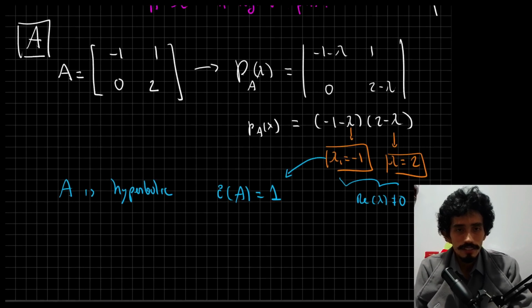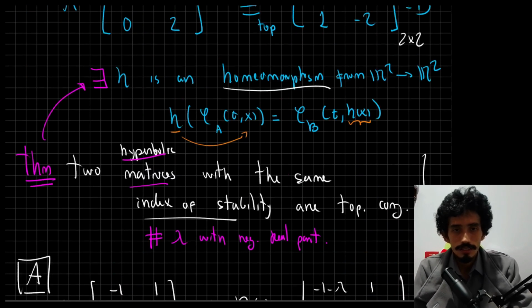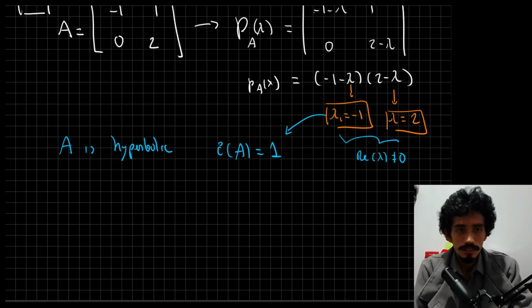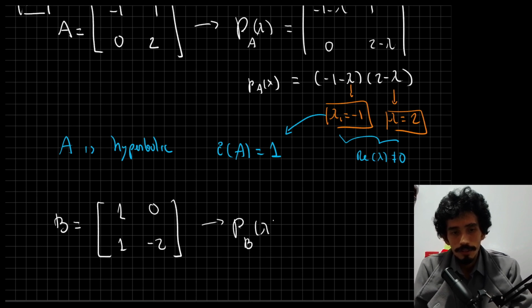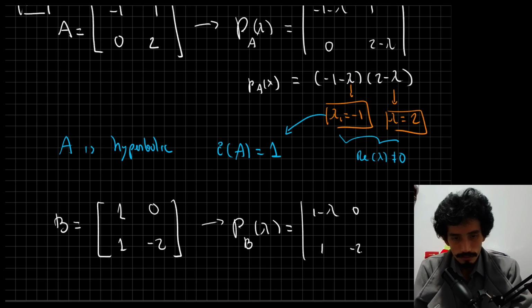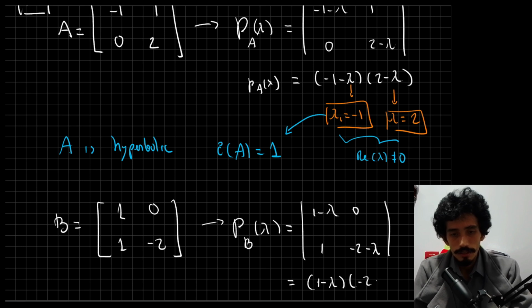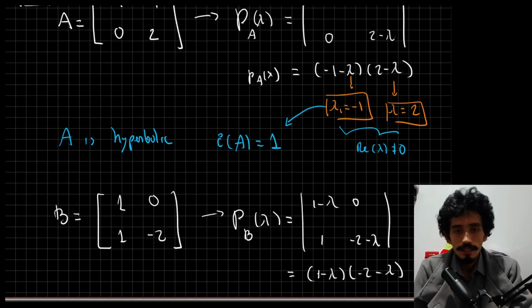For the second matrix, let me write it. So the characteristic polynomial will be, of course, this determinant that is equal to (1 minus lambda) times (-2 minus lambda).